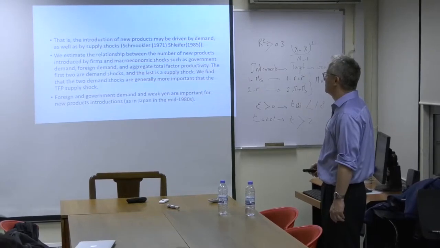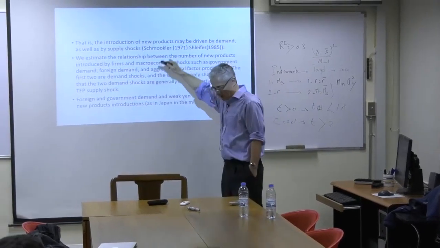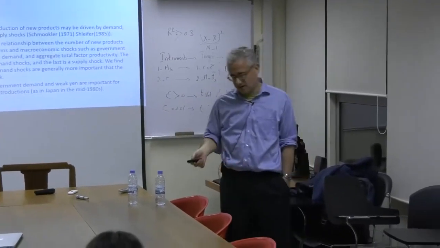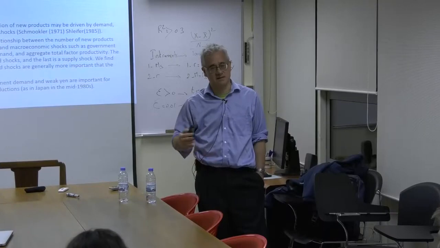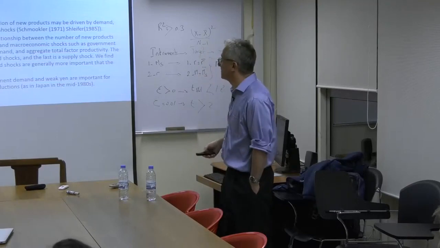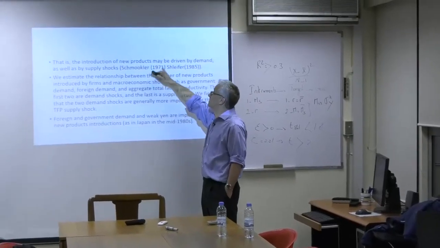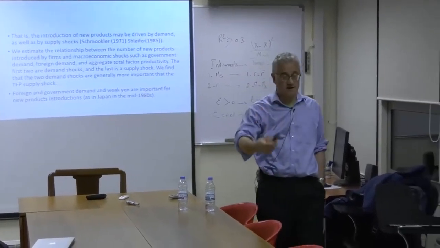what we do here is not entirely new. For example, Schmookler did a careful empirical study on innovations in the U.S. and tried to find out whether they're due to supply-side or demand-side determinants, doing a case study of textiles and other industries. He tended to find that innovation was determined a lot by demand shocks rather than R&D, like tax policies and other things.